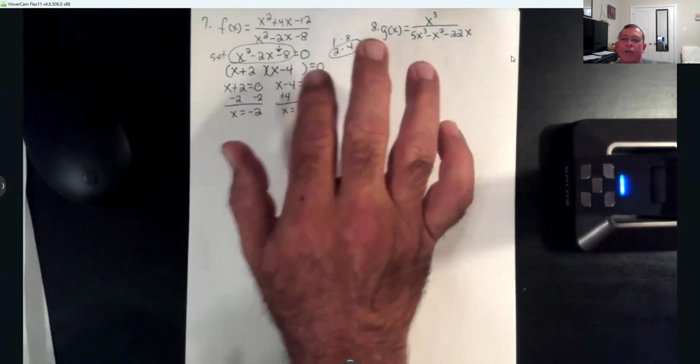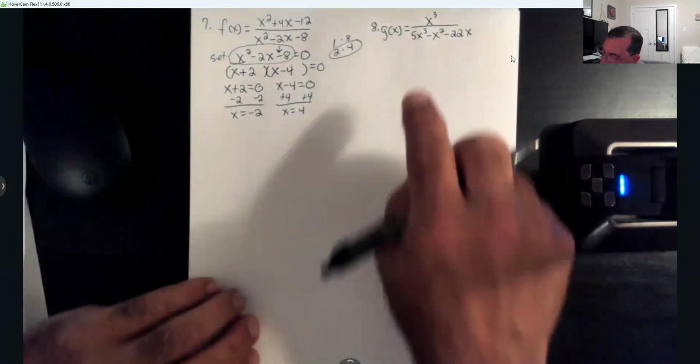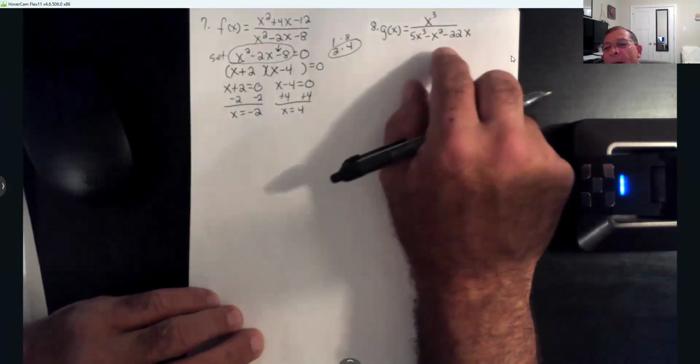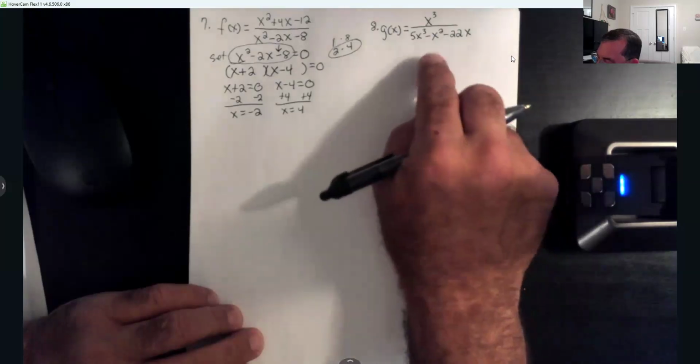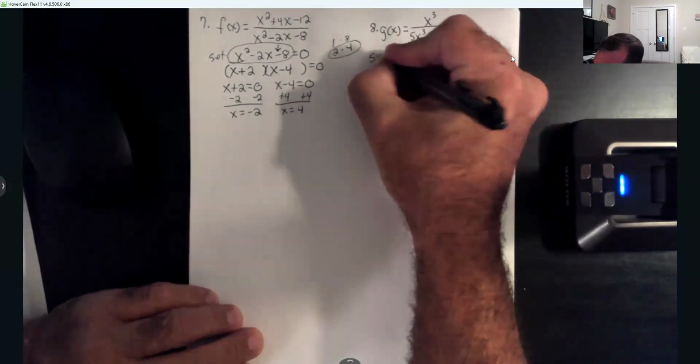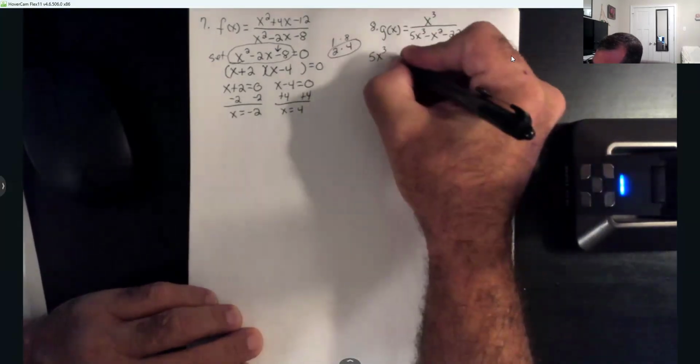All right, so this is probably the trickiest one. And it's because you'll see this is going to make one of them a hole. And I'll show you once I start factoring this. But the first thing I'm going to do is set the bottom equal to 0.